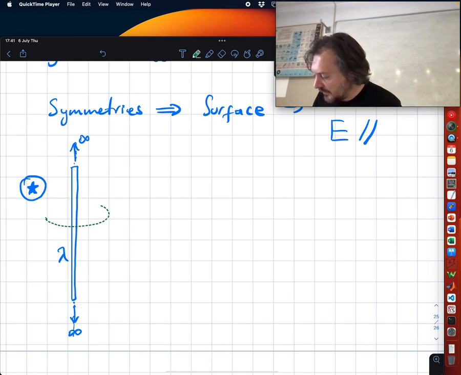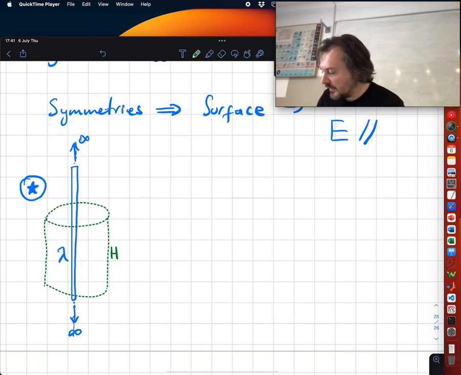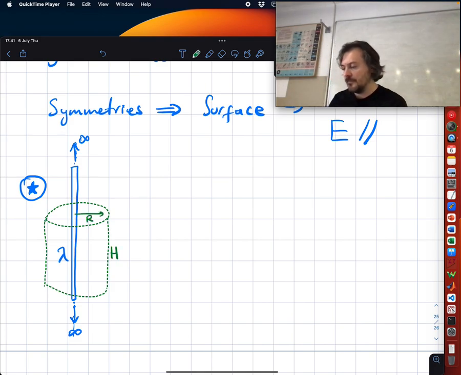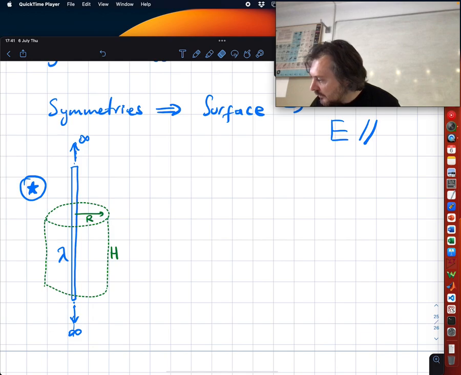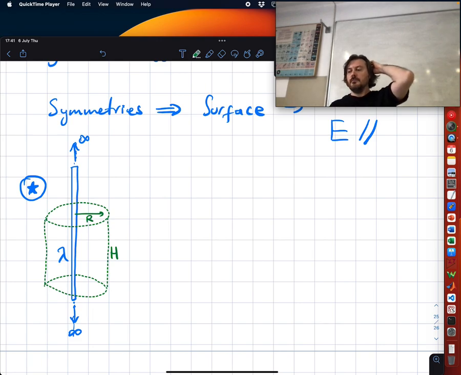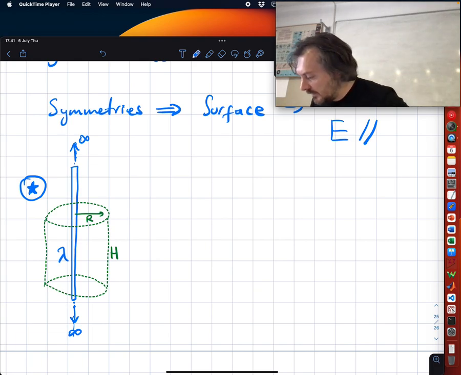So let's imagine a cylinder. And this is the height of the cylinder, this is the radius of the cylinder. Now we are happy. Why are we happy? It's like we have a lot of disks. The electric field lines are going out of the surface perpendicularly.